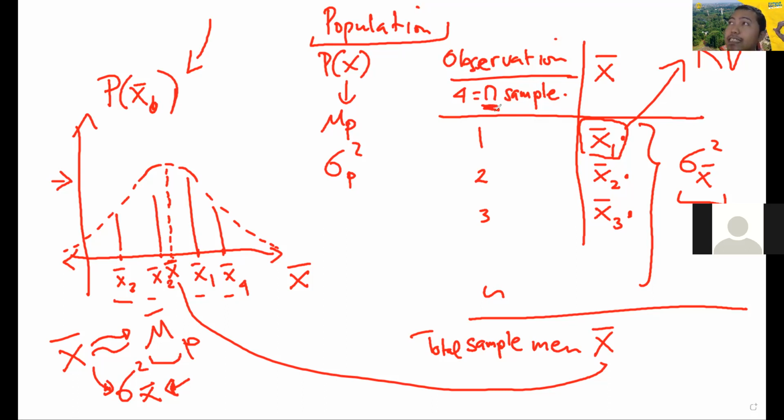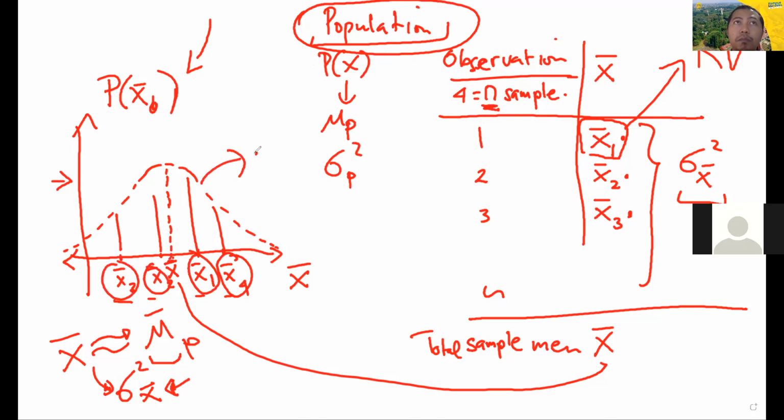And the interesting part: for any kind of population probability distribution, the probability distribution of the sample mean is always normal. It is always normal. You got it?